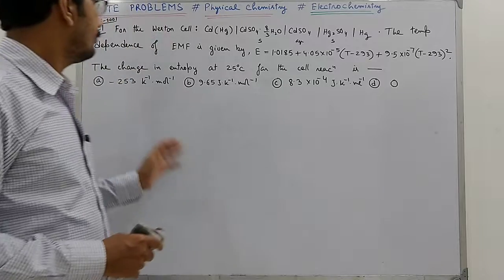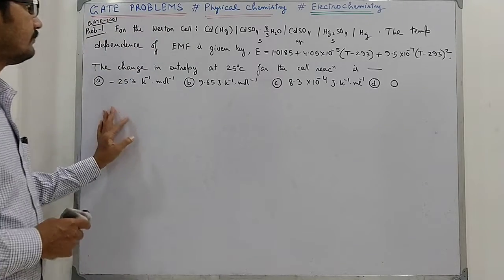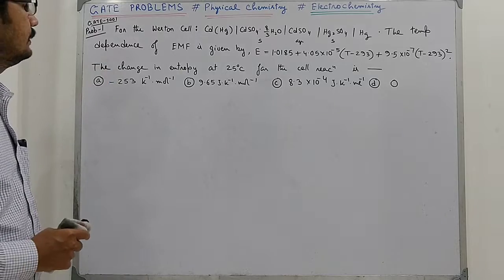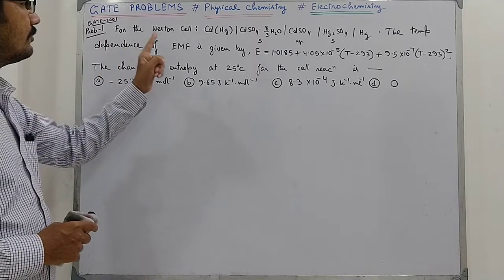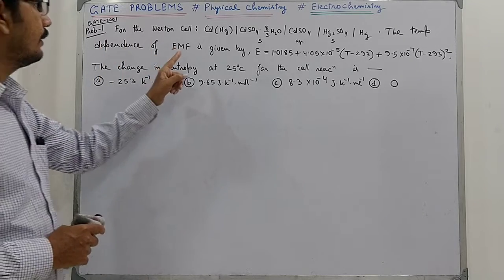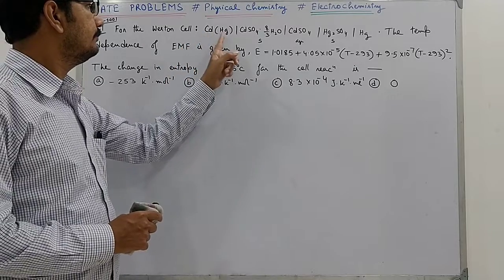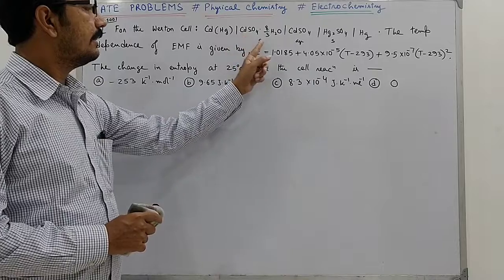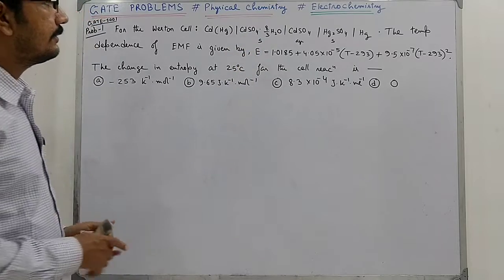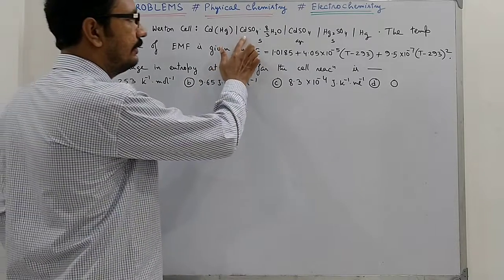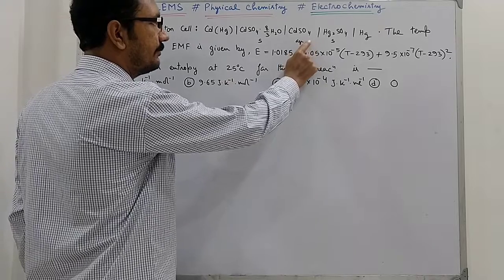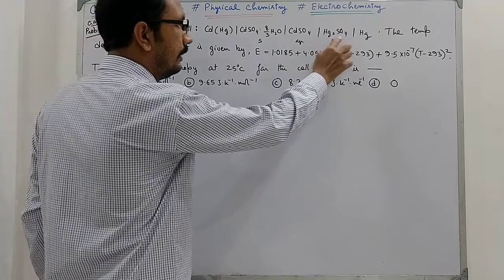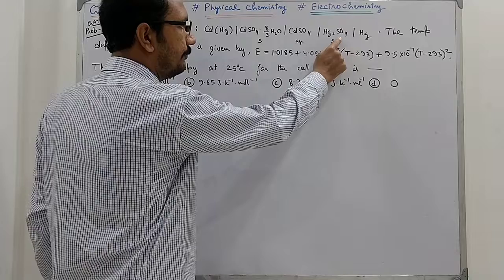Now see, the problem that is given appeared in 2001 for the Weston cell. Here is amalgamated cadmium, here are crystals of cadmium sulfate, here is cadmium sulfate solution, and solid Hg2SO4.